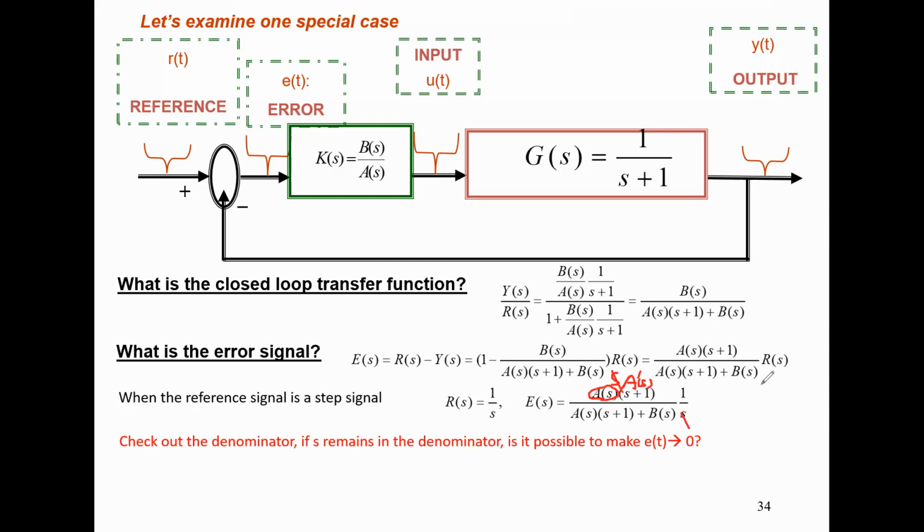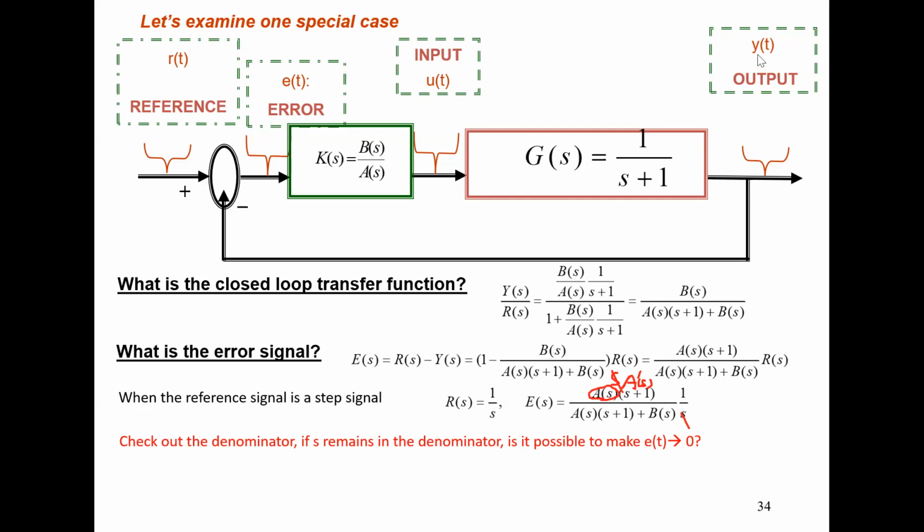Again, some students may object: in some class, you mentioned that you cannot cancel out unstable factors. But here we can, because we are talking about a signal. For a signal, we can cancel out those unstable factors. Is that clear?